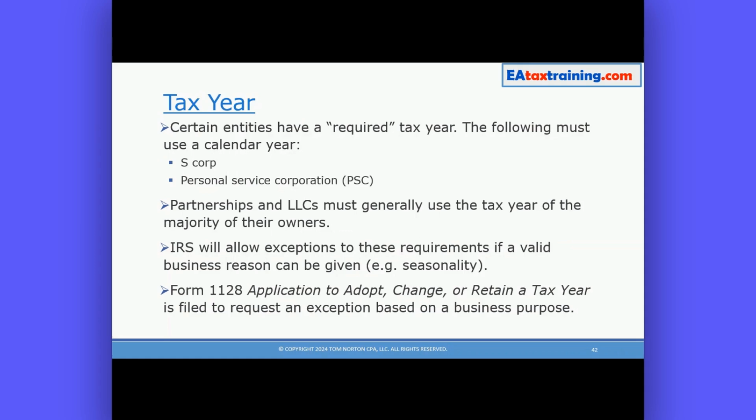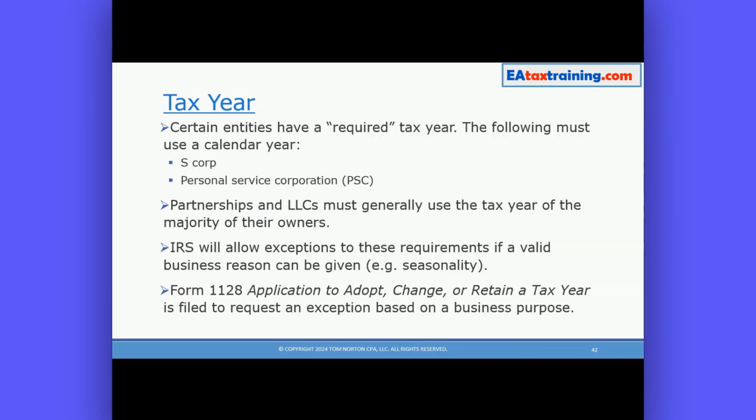And I should mention here that as we mentioned in part 1 of this course, individuals will have a calendar year. So if you've got a partnership or an LLC and all of the partners and owners are individual persons, then you must have a calendar year as well because you have to have the tax year of the majority of your owners.